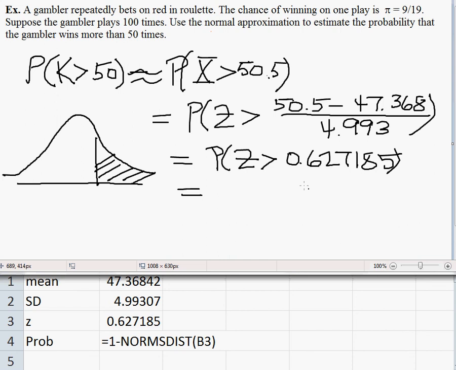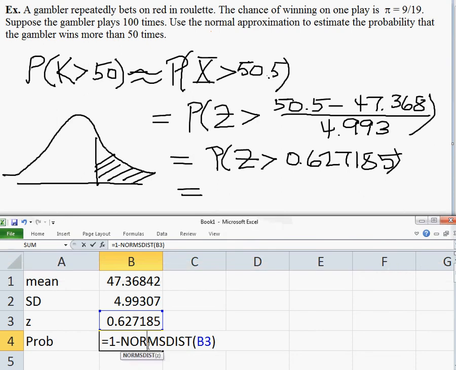Ordinarily, the NORM.S.DIST command returns the area to the left. And so because in this problem I want the area to the right, I need 1 minus NORM.S.DIST. This would be the same story if I use the table in the textbook that returns areas to the left. Because this one is an area to the right, I need to take 1 minus NORM.S.DIST. So the area that's shaded I get by hitting enter here.